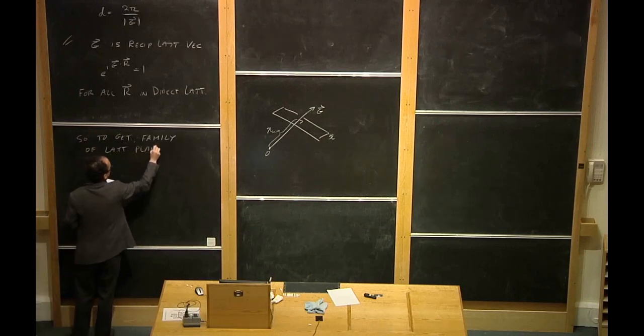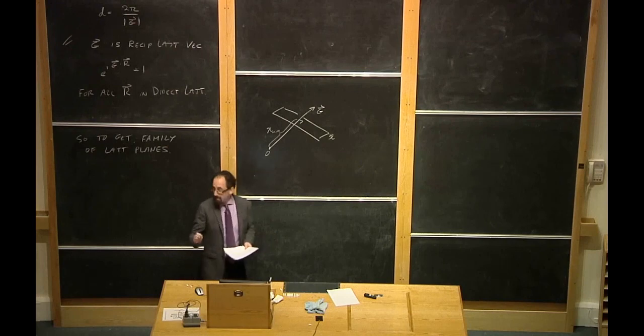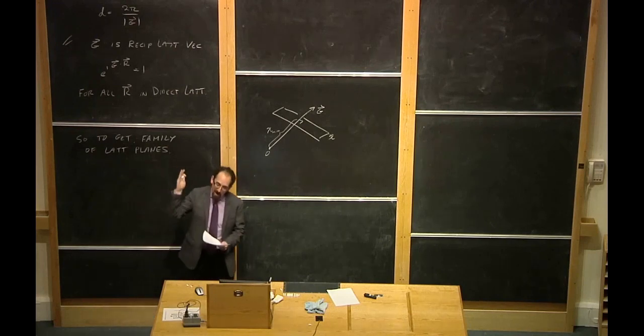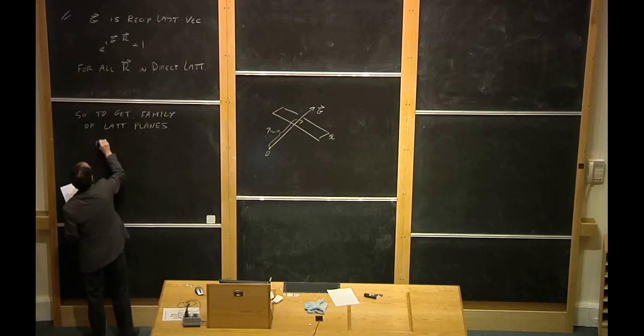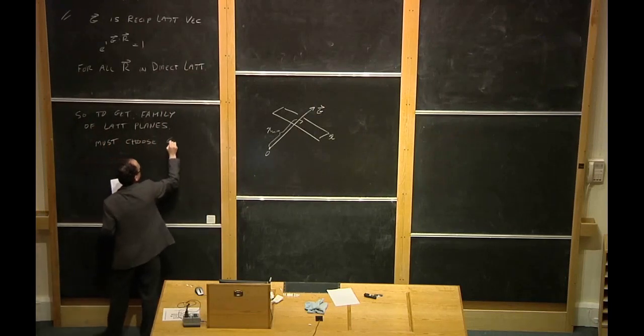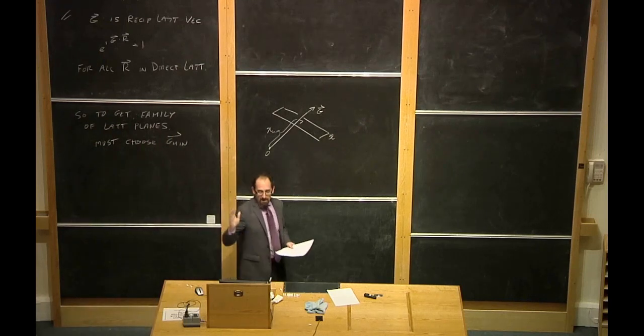and to be a lattice plane, it has to cut through a lattice point. So if we want a set of planes where every plane cuts through a lattice point, we must choose G min, the shortest reciprocal lattice vector in that given direction.